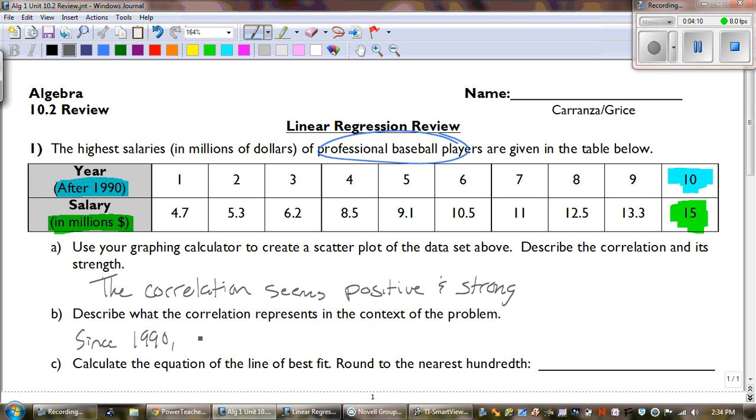So we're talking about the salary of professional baseball players. What happened to it? Did it get bigger? Did it get smaller? Yeah, it increased.